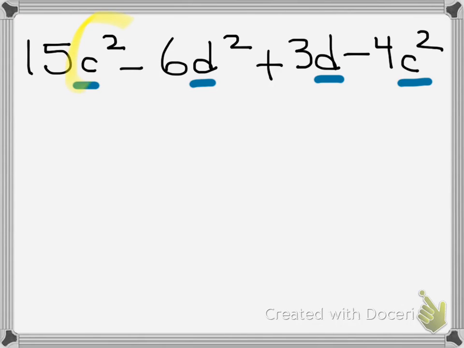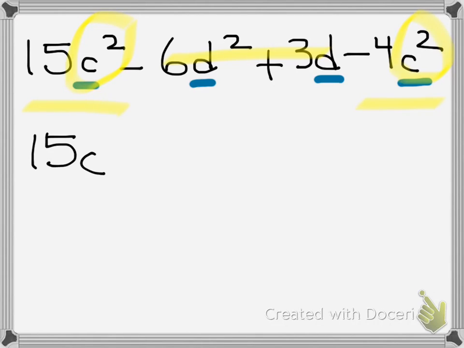We have this C squared and this C squared, but there is no other D squared. There's a D, but no other D squared. So I can't combine 6D squared plus 3D, but I can combine 15C squared, right here, minus 4C squared, because they both have the same variable and the same exponents, so I can combine them.